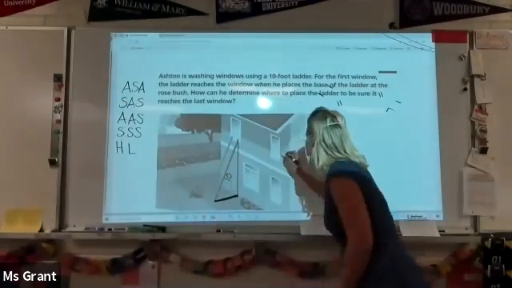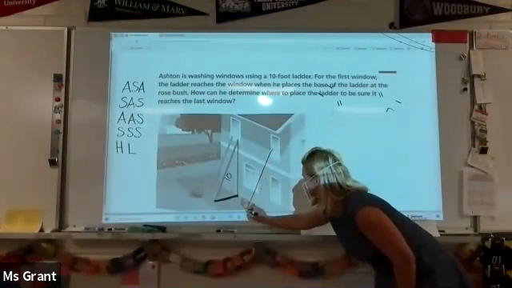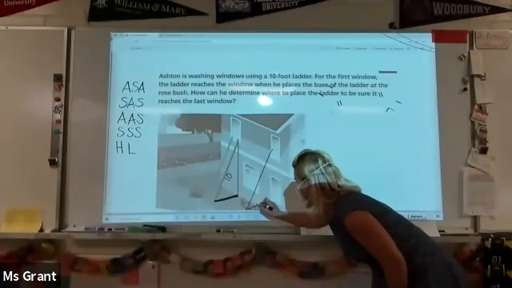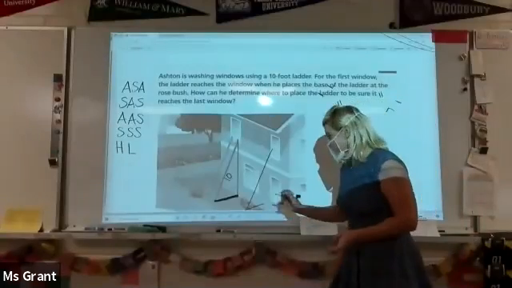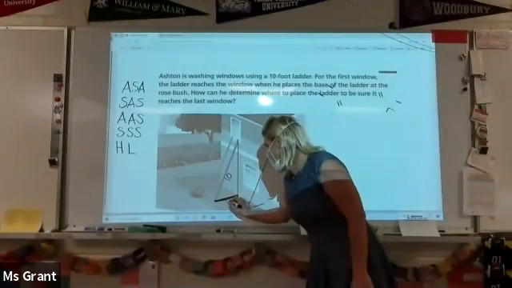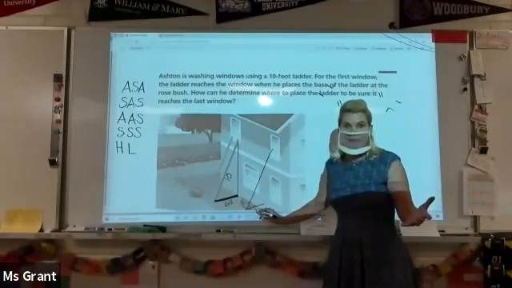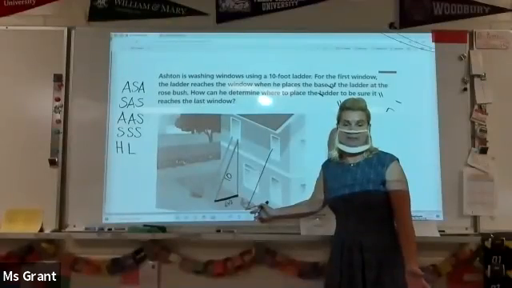Here's the last window. That looks so bad. Anyways, the point is, if he puts this, I don't know, 6 feet away, how far is he going to have to put the next window placement?